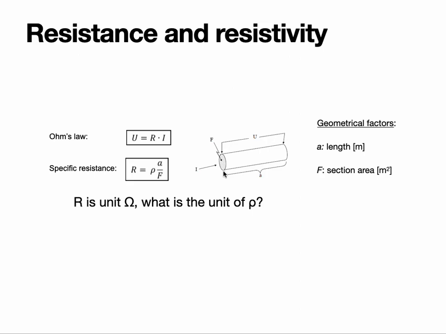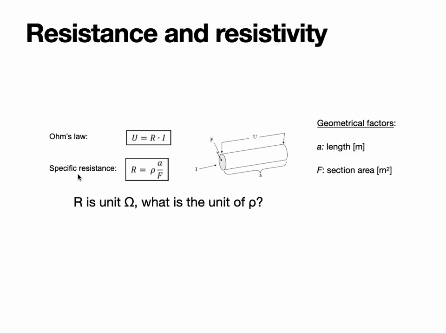So this cylinder has a length of A and has a surface F. A current is injected and U is measured on both sides of the cylinder. So A is a length, so it's meter unit. F is an area, so it's square meters.